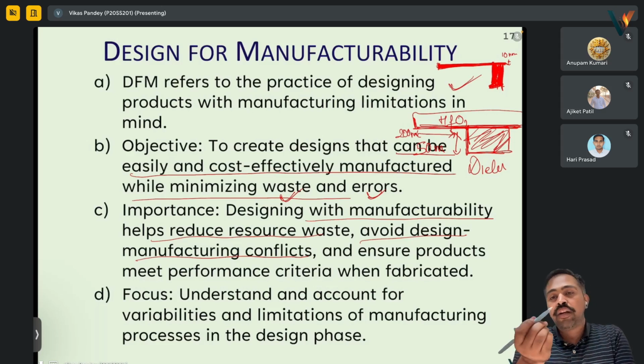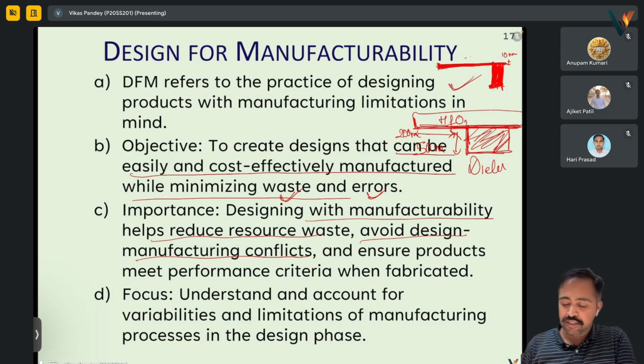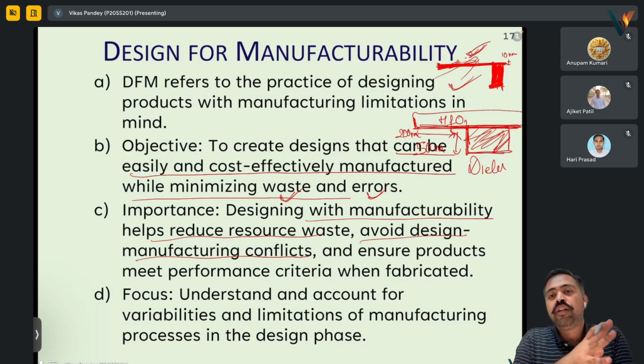Or it might happen that it is made like this, but in the subsequent process it just breaks, and whatever things we wanted we will not get.